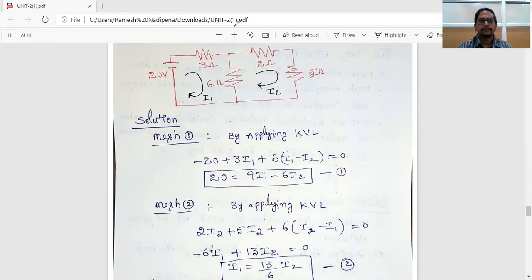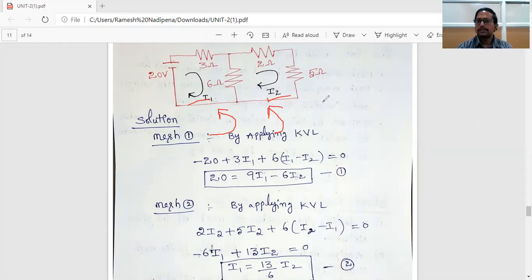For example, these are our assumptions here, I1 and I2. Sometimes they'll give the current direction like this. So this is the I1 direction, that is anti-clockwise. Here in mesh 2, the I2 direction. In mesh 1 anti-clockwise, in mesh 2 also anti-clockwise.